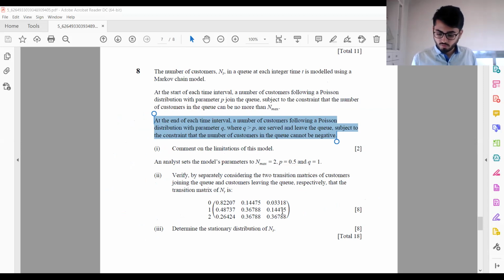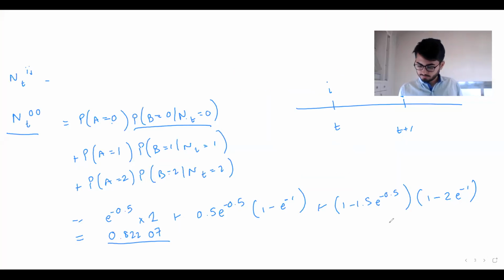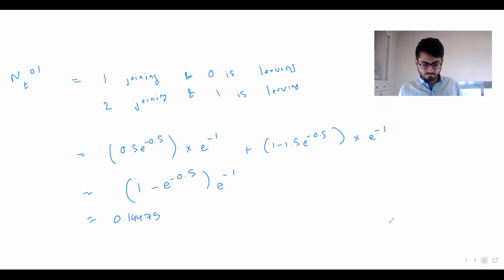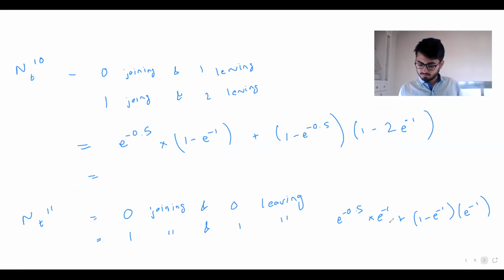Now moving back to this, just a second, let me just check if I'm missing out anything. NT11 is basically 0, 0 and 1, 1. This is 0, this is 0, 1 is 1 minus e to the power minus 1.5.